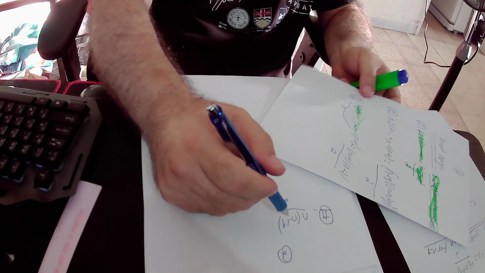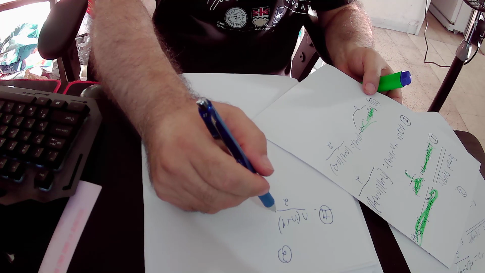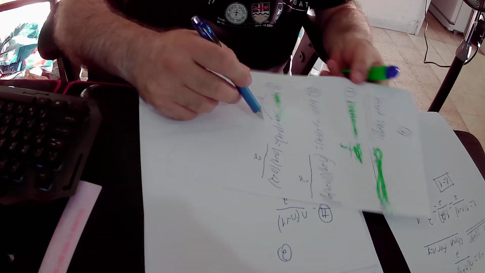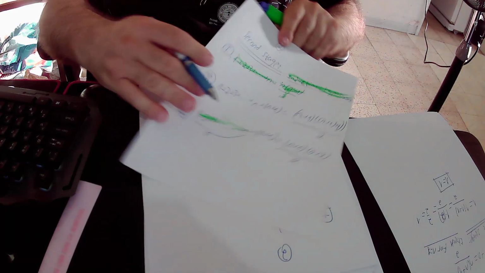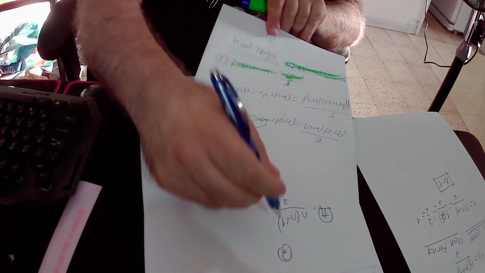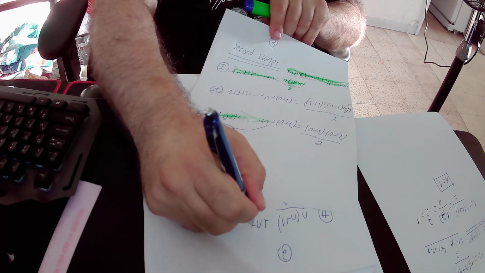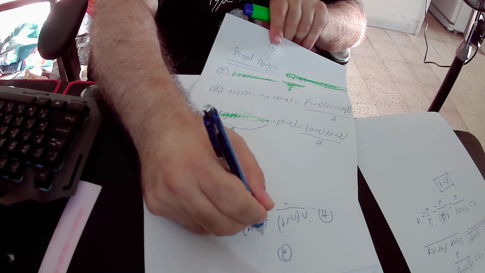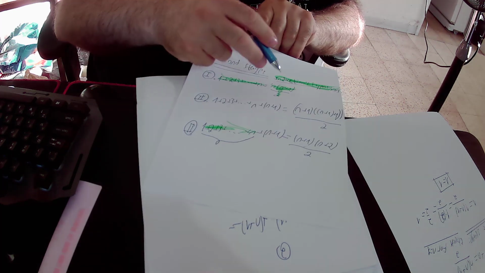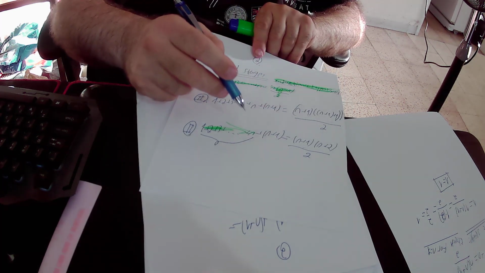So it is n times n plus 1 divided by 2 plus n plus 1. So we write here plus n plus 1 equals n plus 1 times n plus 2 divided by 2.